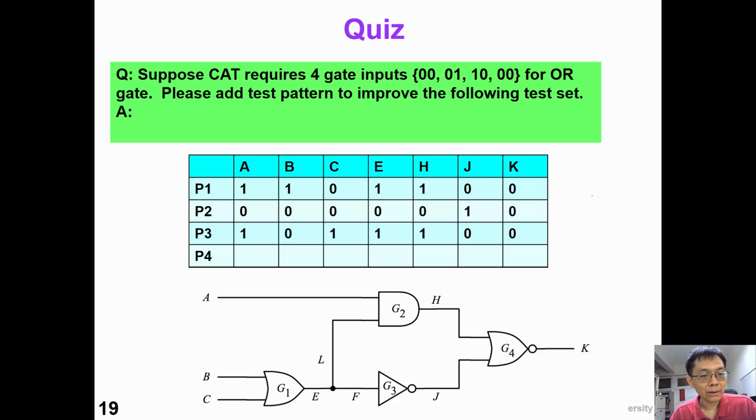Now it's time for you to work on the quiz. Suppose the cell-aware test requires 4 different gate inputs, 0 0, 0 1, 1 0, 1 1, for the OR gate. Now please pause the video and add one more test pattern to improve the cell-aware test fault coverage.